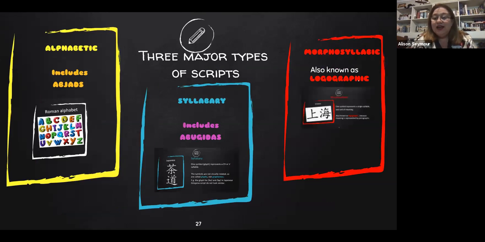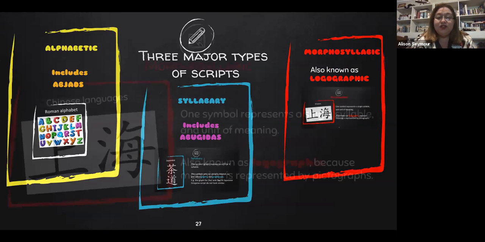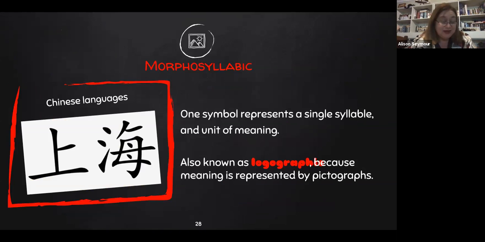All right. Moving on, and now talking about the third major type of script, which is known as morphosyllabic, and these are the Chinese languages. So here the symbol represents, again, a single syllable and a unit of meaning, or a morpheme. So I guess an idea is all incorporated within that symbol. I do apologize for the way that my scripts have gotten a little bit messy.